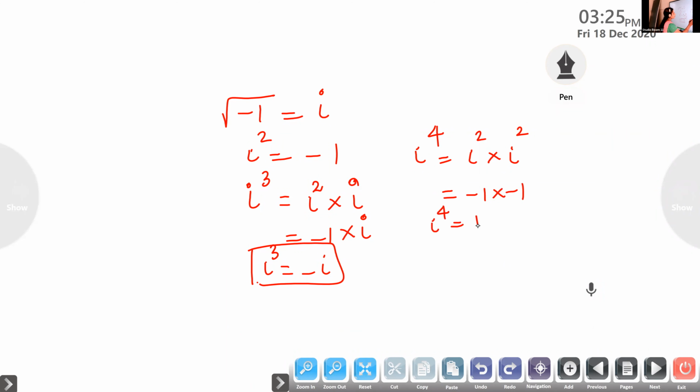Therefore, 4 is the least positive integer for which i raised to n will be equal to 1. So i cube is minus i, and i raised to 4 is equal to 1.